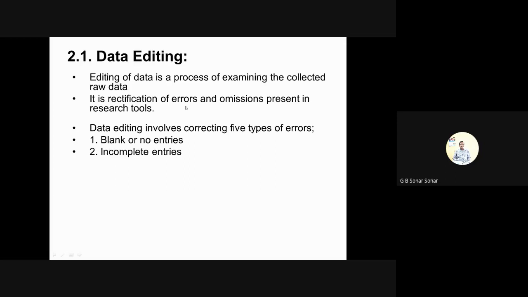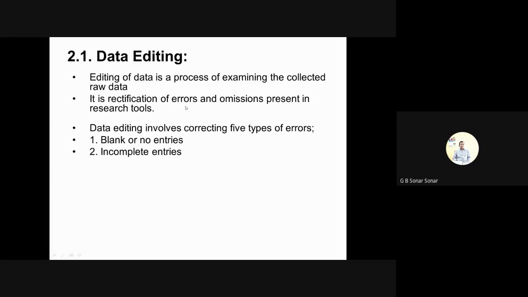Particularly when we collect data using field investigators, if the researcher himself has gone to the field, then he will collect the data. If the data is collected with the help of somebody else, they may record only the monthly income or the income of only one person. Because when the question is family income, complete family income should be recorded.